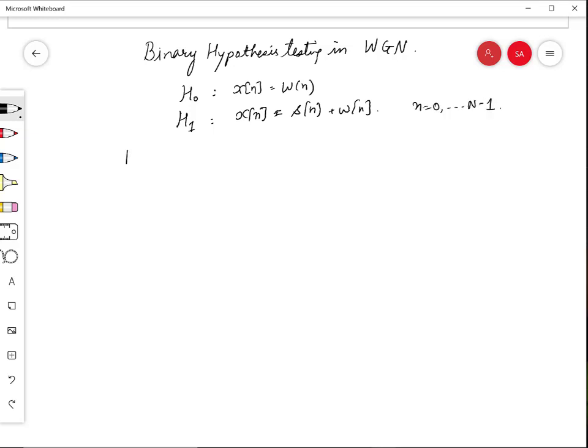In white Gaussian noise, we said that the noise is uncorrelated. That means that the expectation of Wn Wm for m not equal to n was equal to 0.